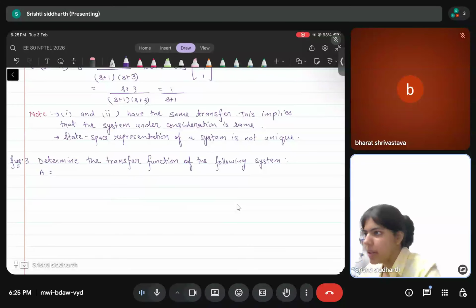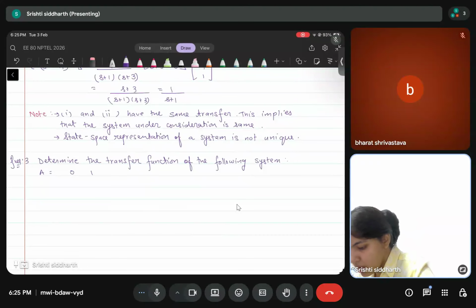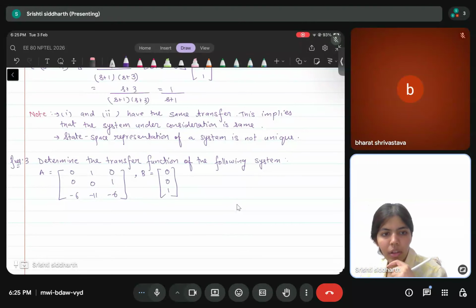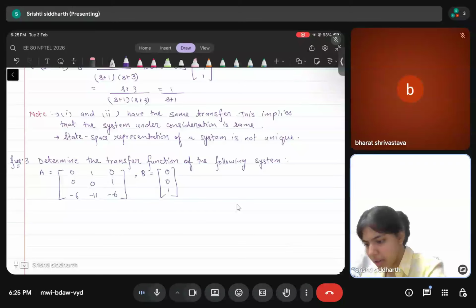It's defined by the matrices A, B, and C. So I'll write down these matrices. 0, 1, 0, 0, 0, 1, -6, -11, -6. Input is present in the differential equation of the last state, and C is a linear combination of all the three states.